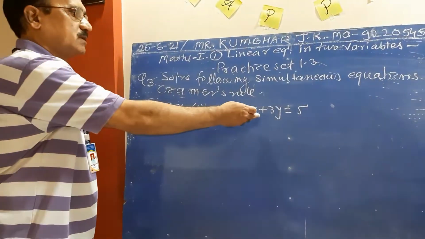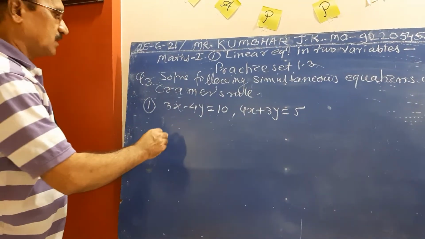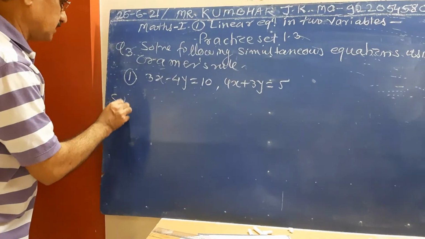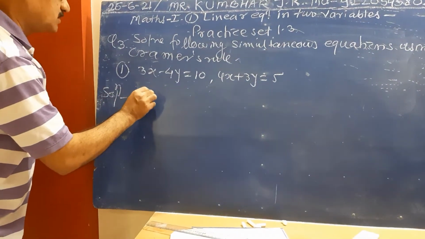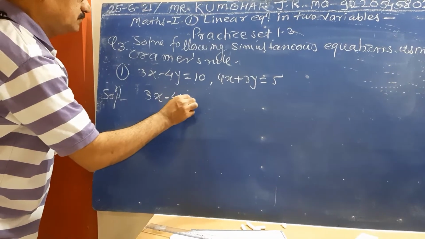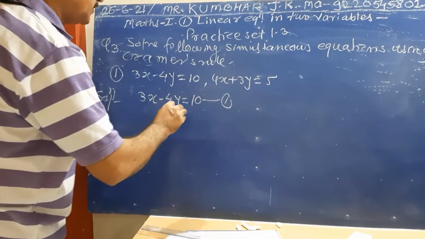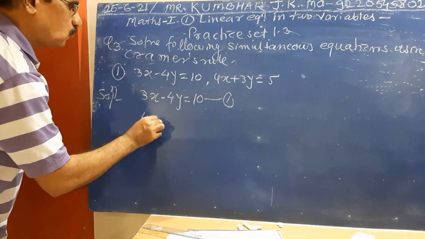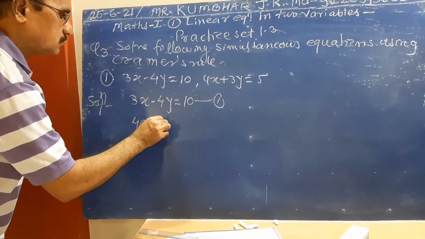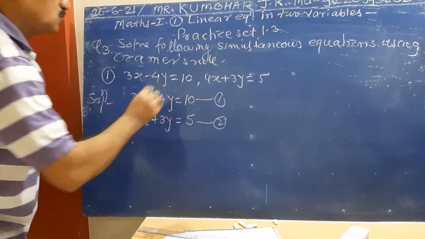Yes, both equations are in general form or standard form. Then for our convenience, first write these two equations again. 3x minus 4y is equal to 10, equation number 1. 4x plus 3y is equal to 5, equation number 2.